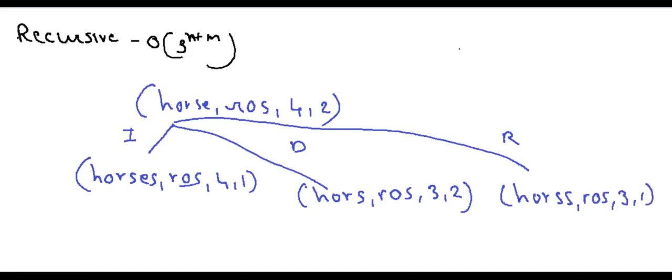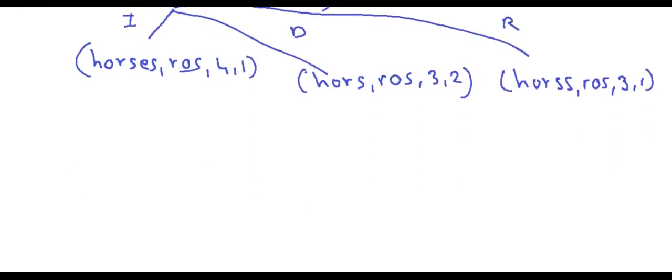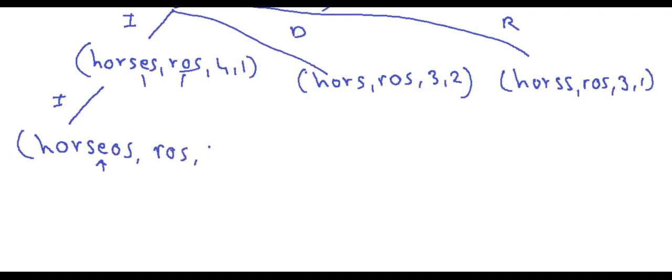Okay, now let's try again. Here again I'm doing an insert, so now my n is here and m is here, and I'm going to insert O at that position. So HORSEO and here ROS, and then I'm going to decrement this to 0.